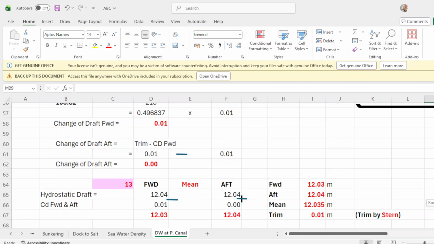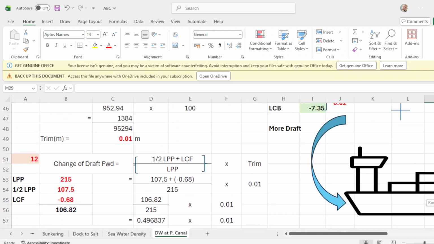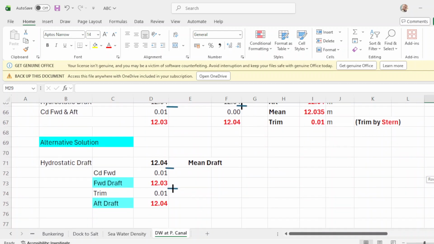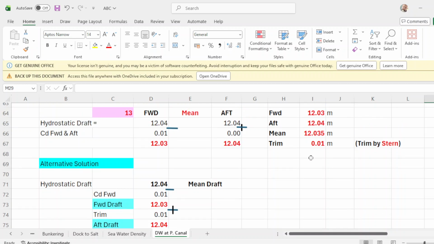Why? Because your computation for trim result is 0.01. So your trim here is 0.01 because 12.03 minus your aft draft of 12.04, then your trim is 0.01.